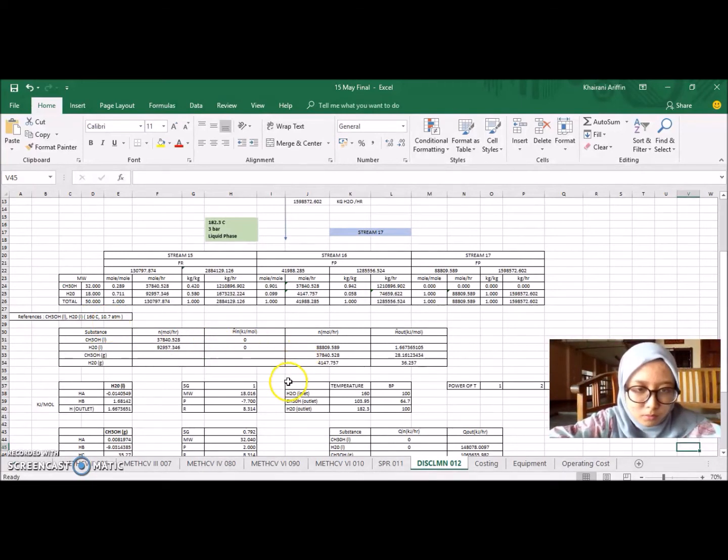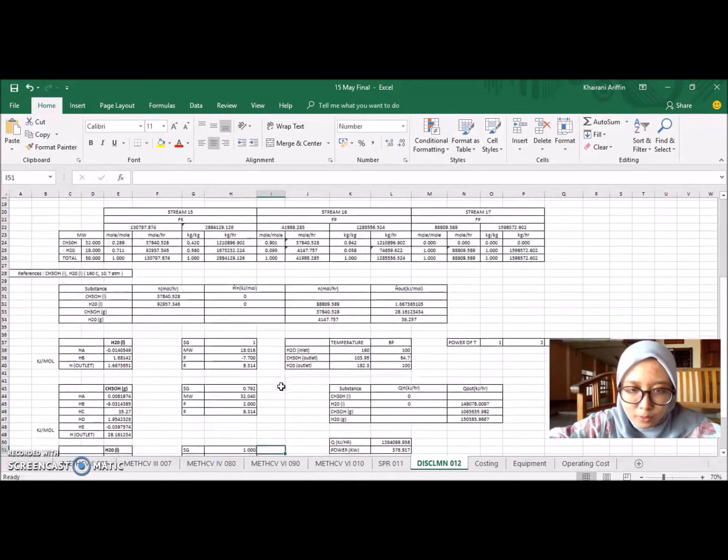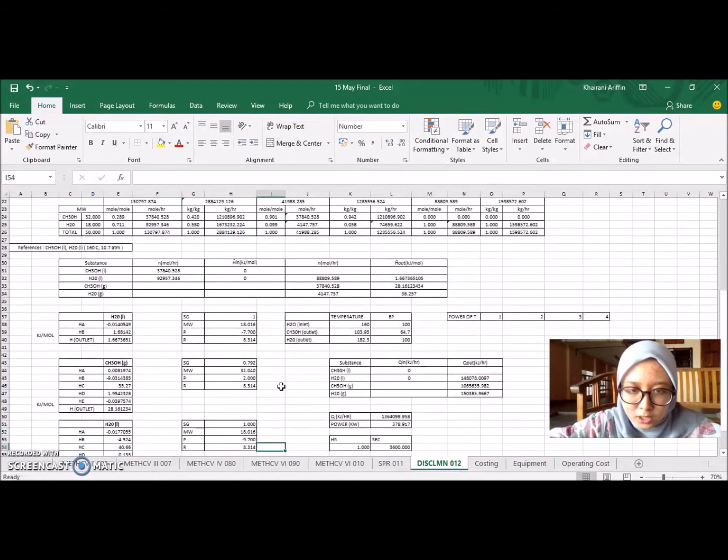So, this is our calculation for energy balance. And we get the Q for distillation column is 1364099.958, and the power of distillation column is 378.917. Okay, so we proceed to costing.